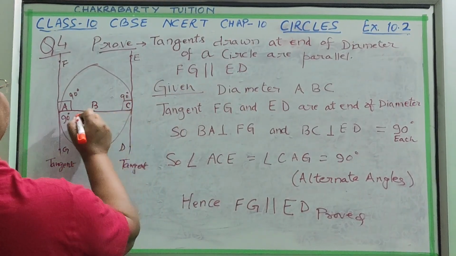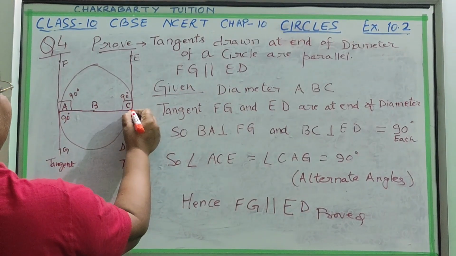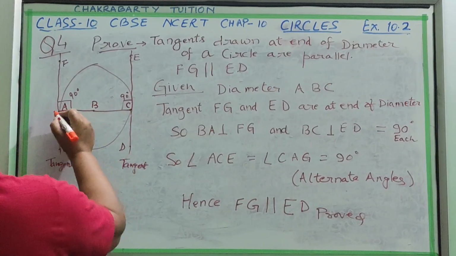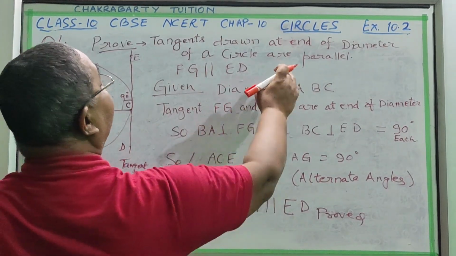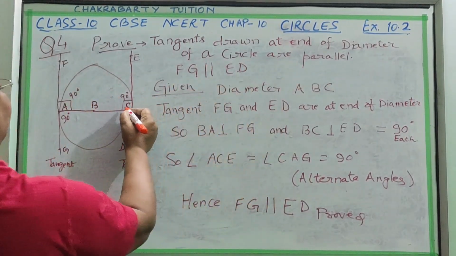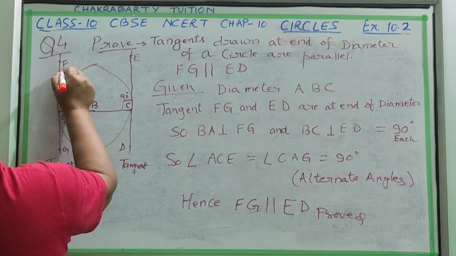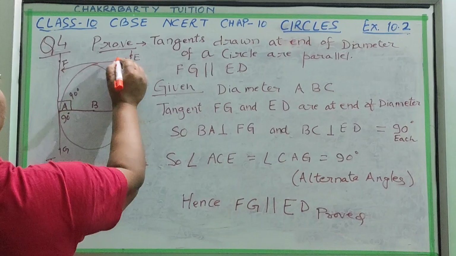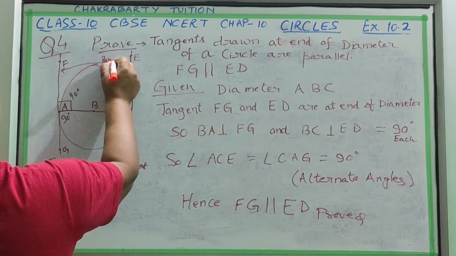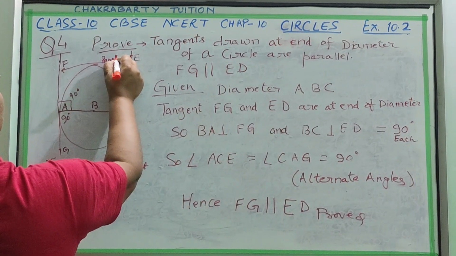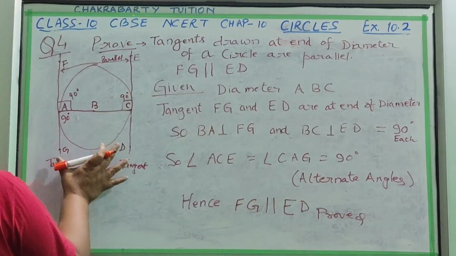This is the diameter, ABC. This is the end of the diameter and this is the end of the diameter. You have to prove that these two lines are parallel, meaning the same distance apart.